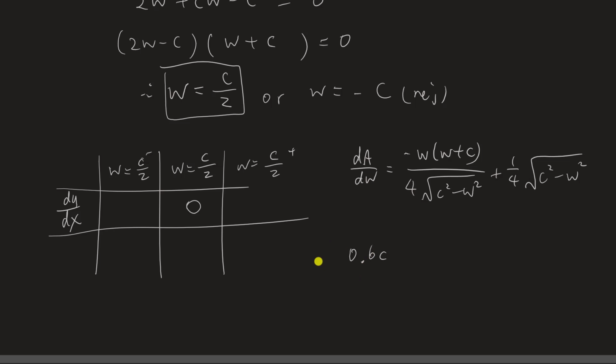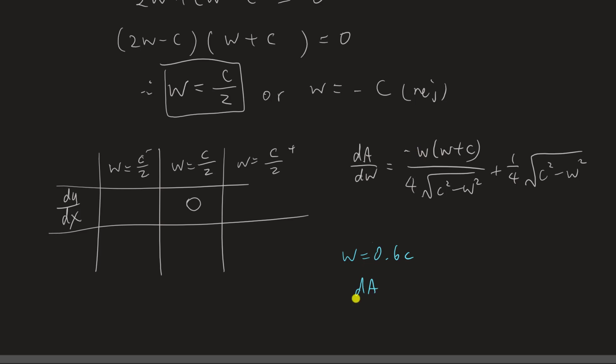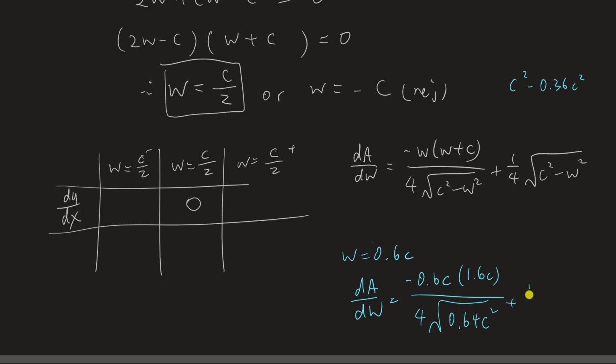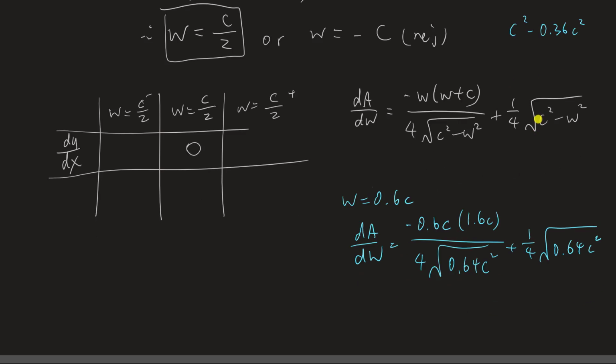If w is equal to 0.6c, your dA/dw would be negative 0.6c times 1.6c over 4 square root c square minus 0.6c whole thing square. C square minus 0.36 c square will give you 0.64 c square, plus, so same thing here, 0.64 c square.